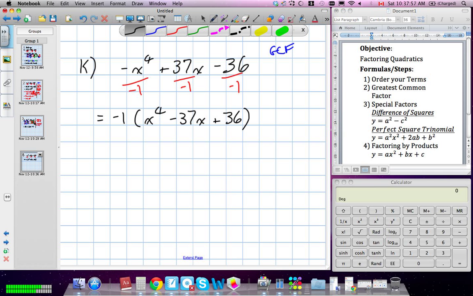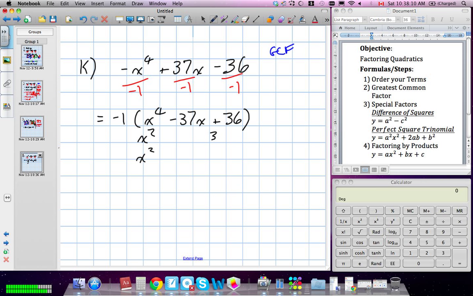Then the factors of 36: 6 and 6, 12 and 3, 1 and 36, 2 and 18. What do we got? 1, 2, 3. There's one other one in here. 4 and 9. Oh, 4 times that. Okay.